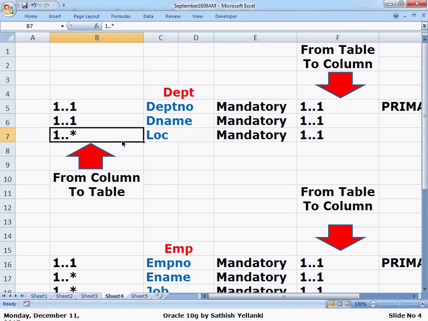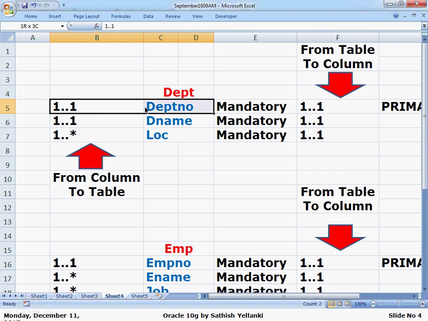Now let us complete the cardinality test from column to table. In the reverse direction you are coming now. One department number should be allocated to only one department, or one department number can be allocated to many departments? One department number should be allocated to only one department. Now I want you to catch a few things.